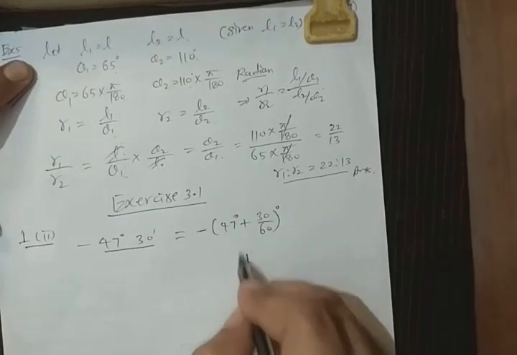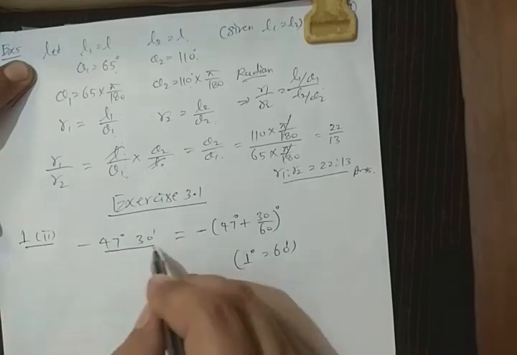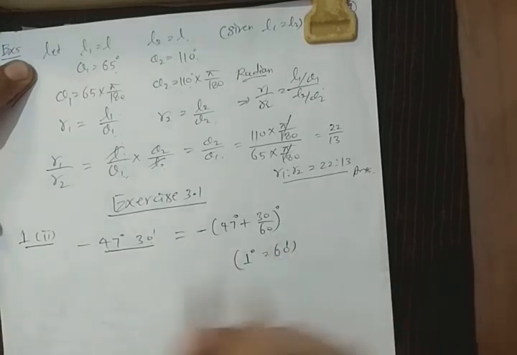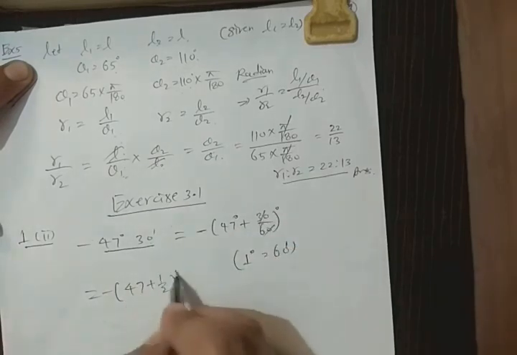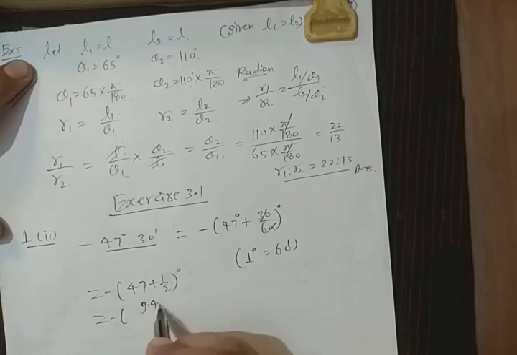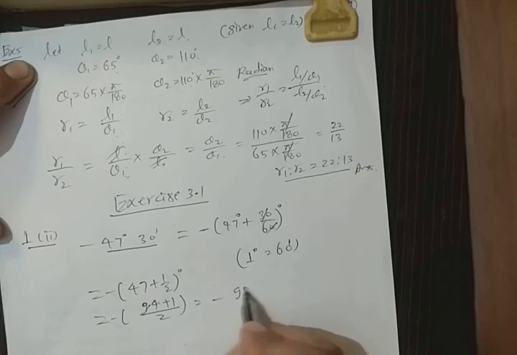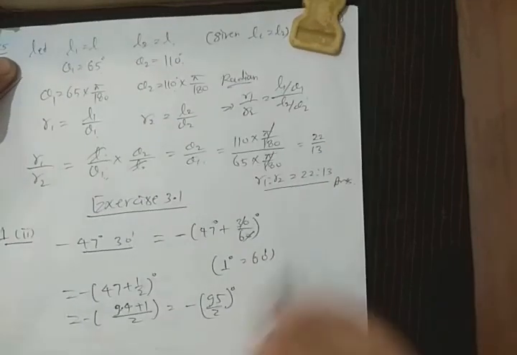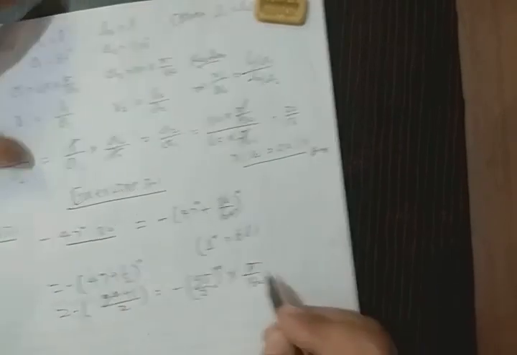since 1 degree is equal to 60 minutes. So to convert minutes into degrees, we divide by 60. So that is 47 plus 1 upon 2, that is 94 plus 1 upon 2, that is 95 upon 2 degrees. Convert into radians, multiply it by pi upon 180.